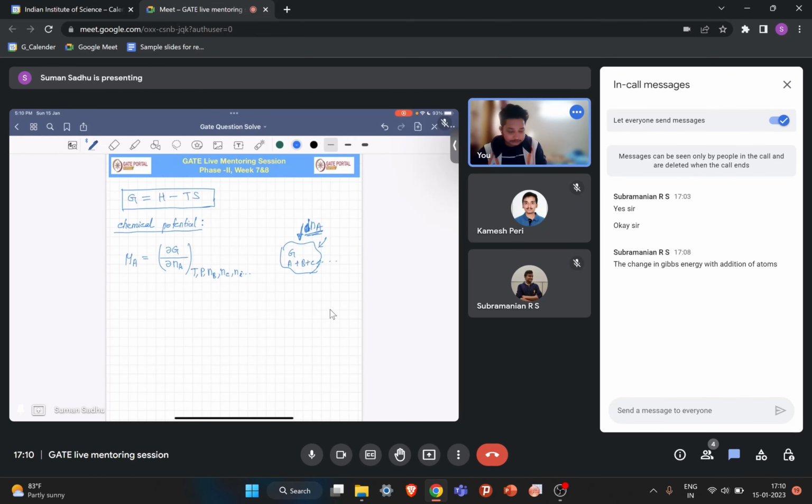You are adding only dn moles of A, and that change in free energy is known as chemical potential. It can also be written as partial molar free energy, G bar A.